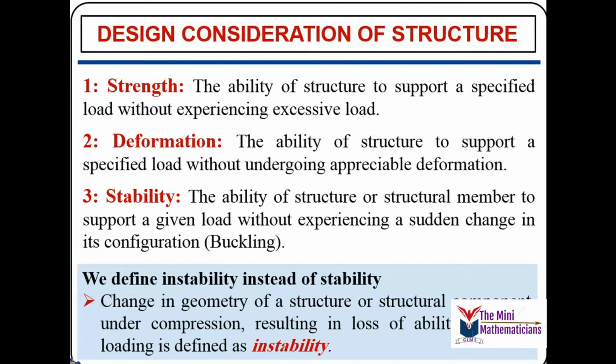When the deformation becomes very large, or when the geometric configuration suddenly changes, at the point when this large deformation occurs, we refer to it as instability. Before that, the structure remains 100% stable. That is why we discuss stability in terms of instability. We define instability by the change in its geometric configuration or the loss of capability in sustaining the load.